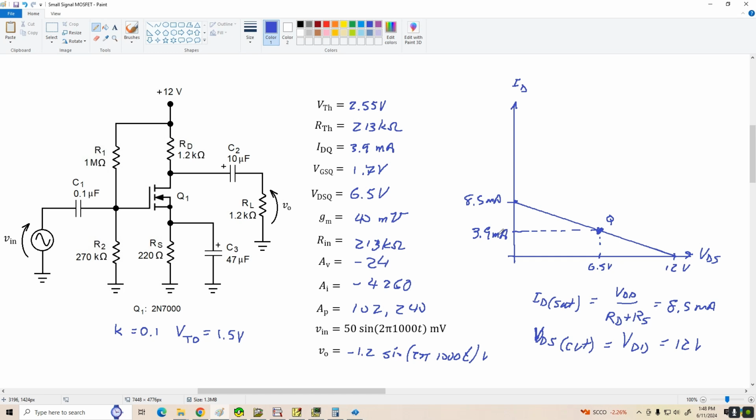All right, now let's do an AC load line for this, okay? We know for AC load lines, our ID sat is going to equal IDQ plus VDSQ divided by R prime D. All right, so IDQ is 3.9 milliamps, and I'm kind of out of room here, so let me move it down here, plus VDSQ of 6.5 volts divided by R prime D, which was 600 ohms.